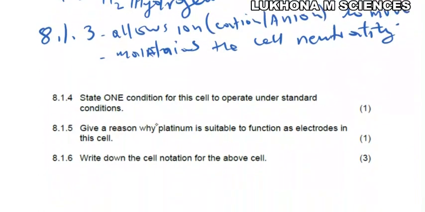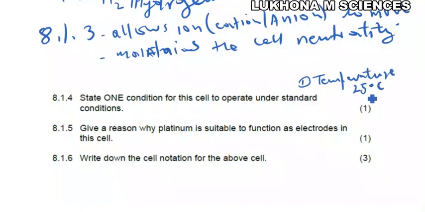State one condition for this cell to operate under standard conditions. The first one that you must write is the temperature. So number 1 is the temperature, which is 25 degrees Celsius.